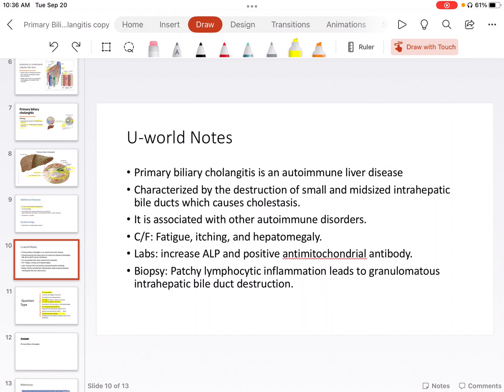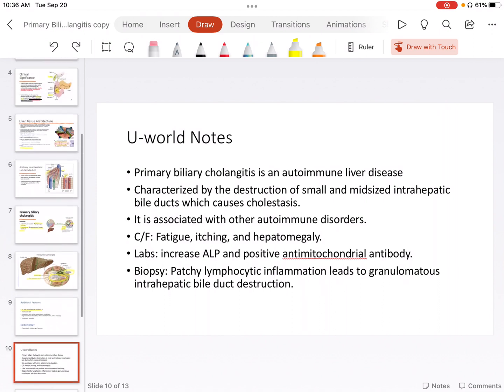If you go through all these parts of the presentation, there is no way you are going to miss that question. So primary biliary cholangitis is an autoimmune liver disease. We already established that. Second, it is characterized by the destruction of small and mid-sized intrahepatic bile ducts, which causes cholestasis.